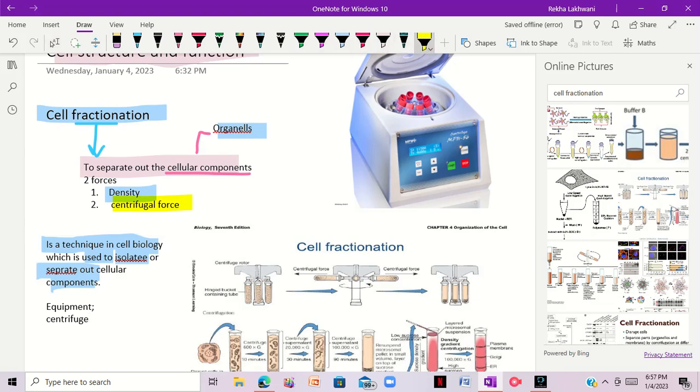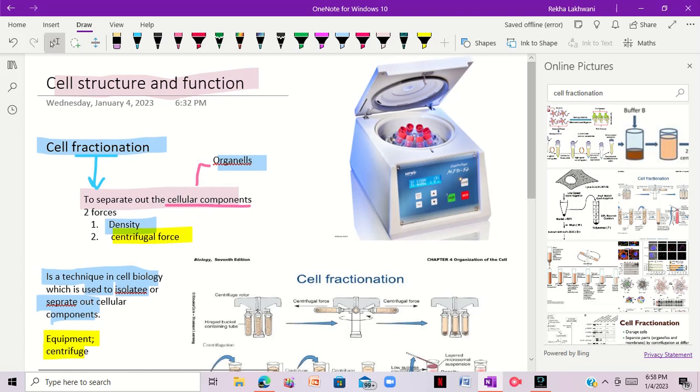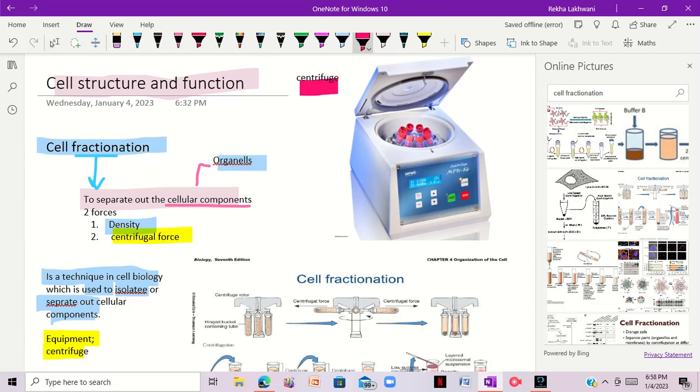Here I have a picture for you guys. This machine is known as centrifuge. In this, cell fractionation is performed.